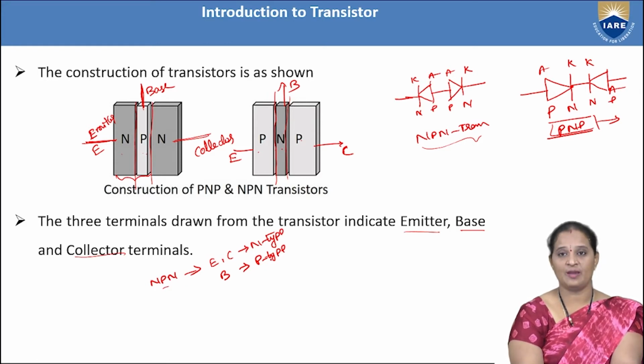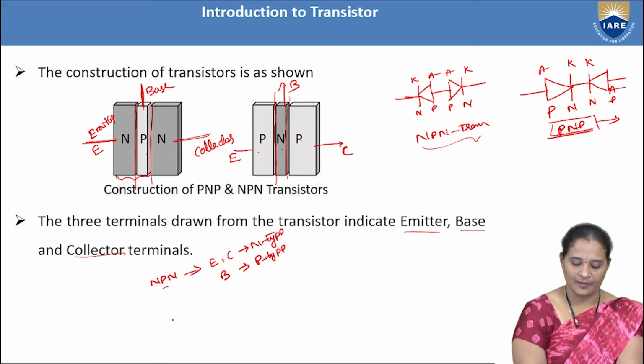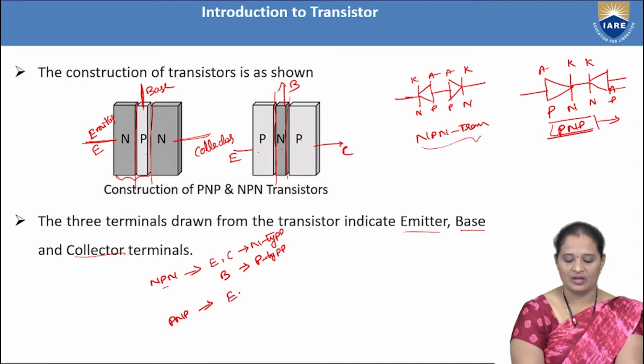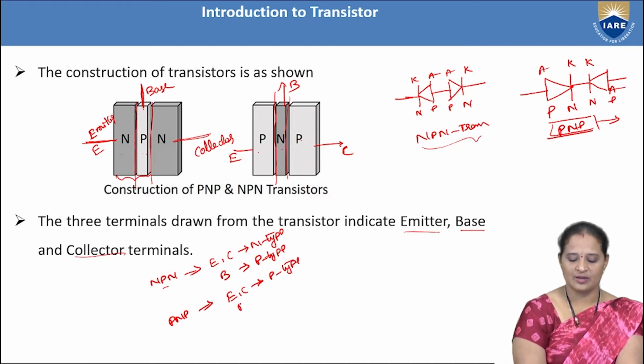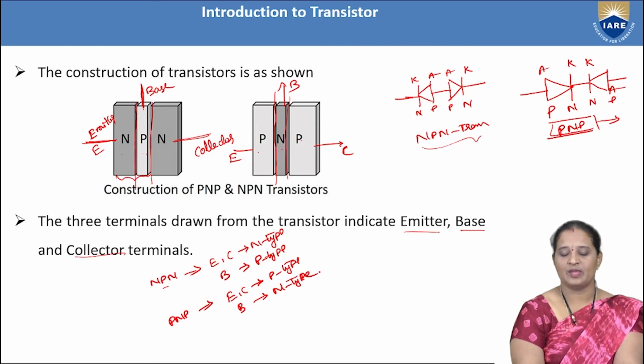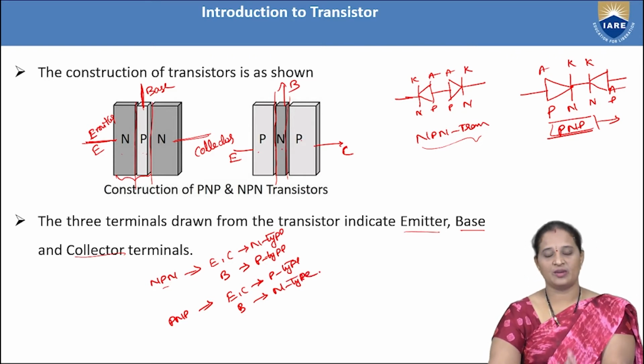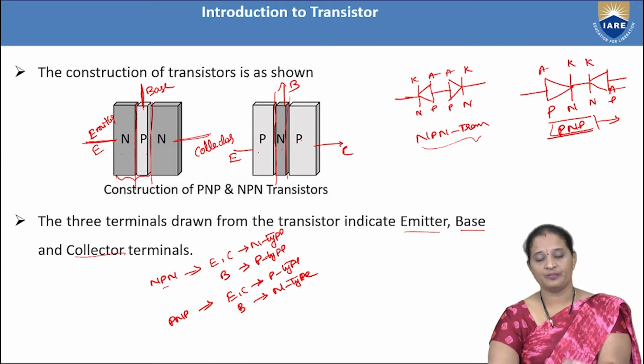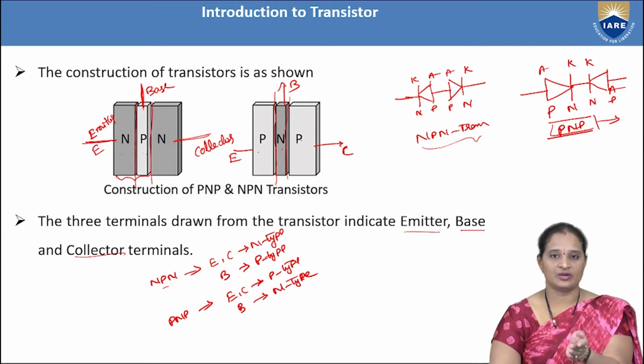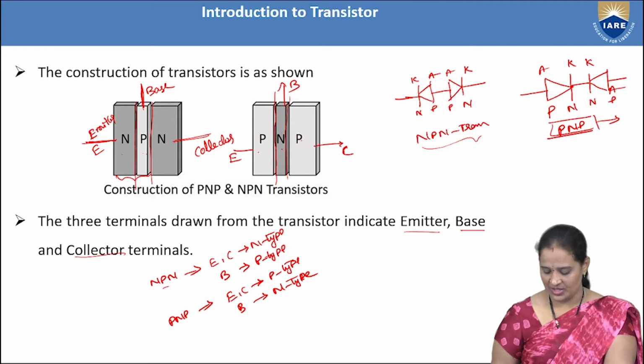If you consider PNP transistor, emitter and collector are P-type, whereas base is N-type. That you have to remember. So in NPN transistor, emitter and collector are N-type and base is P-type, whereas in PNP transistor, emitter and collector are P-type and base is N-type.